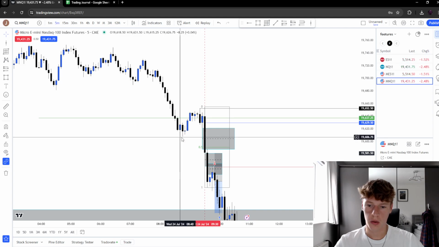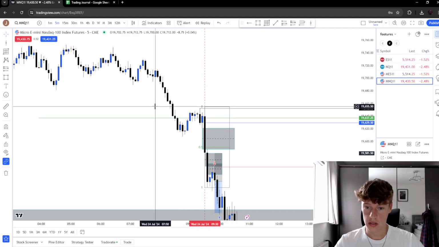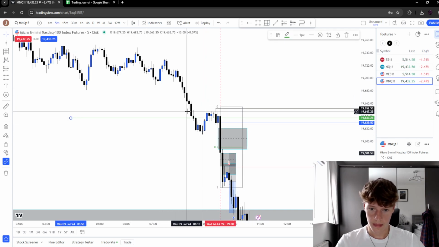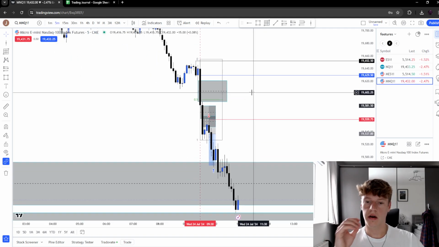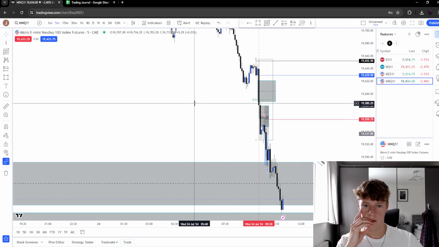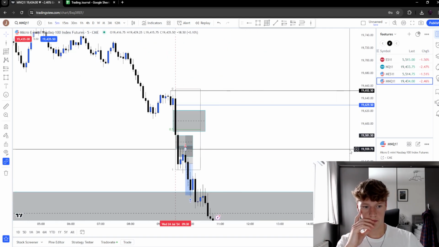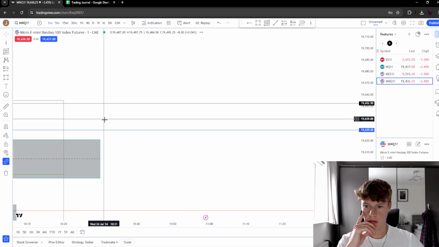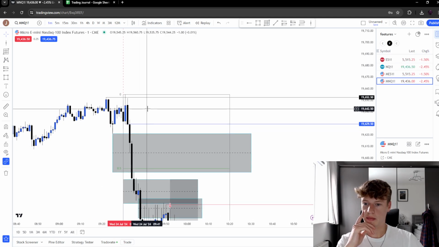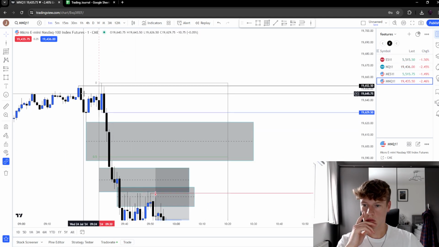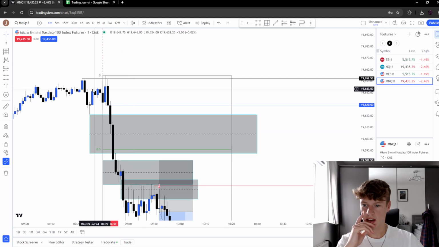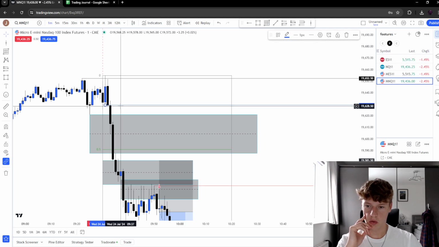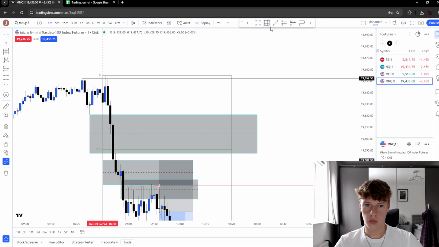So these 5-minute lows did get swept, but it wasn't enough, really. What we did have were these 1-minute highs that did get swept. So we had those 1-minute highs. That's 1-minute order block. And then we broke 1-minute structure.